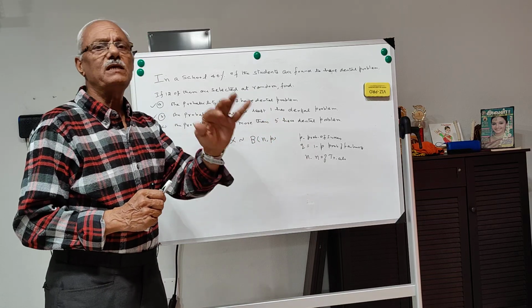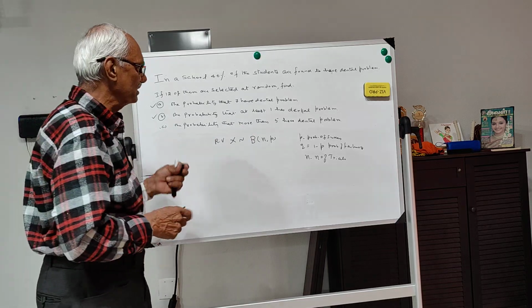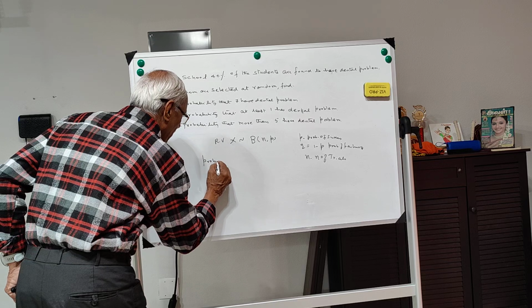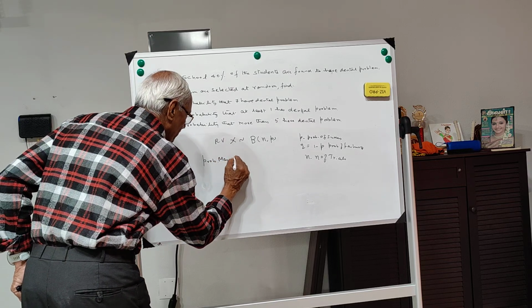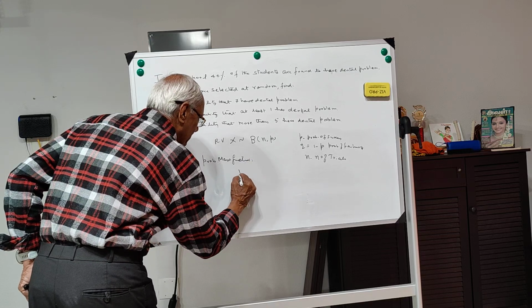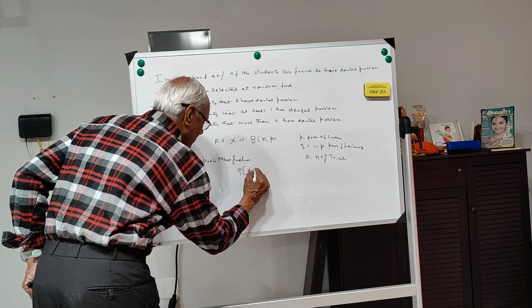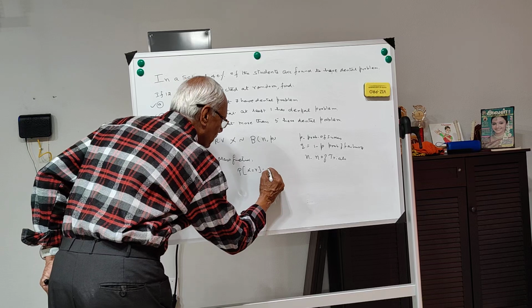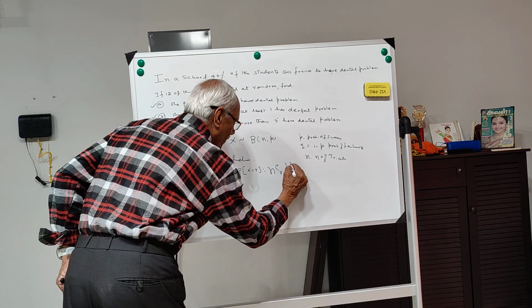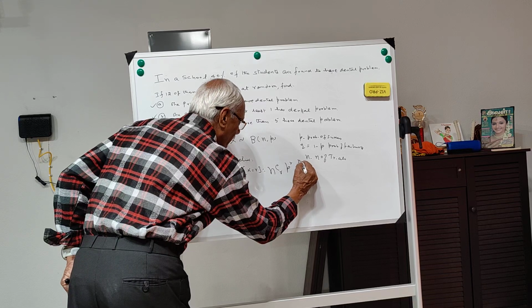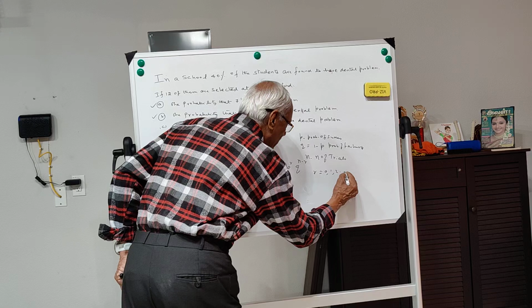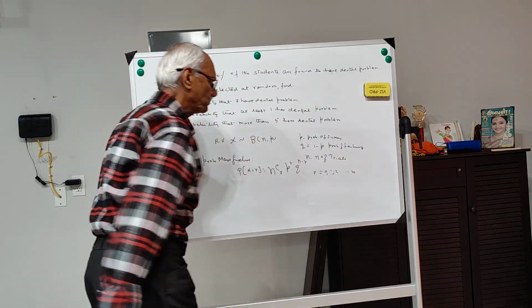Then the probability mass function is given by P of x equal to r is equal to nCr p to the power of r, q to the power of n minus r. Here r will take the values 0, 1, 2, 3, up to n.